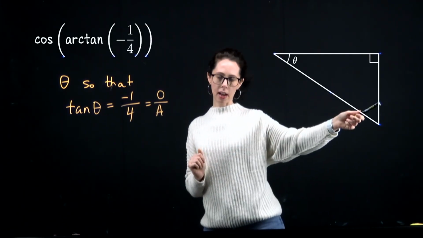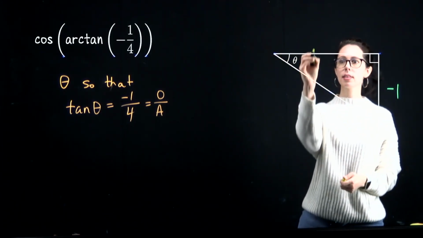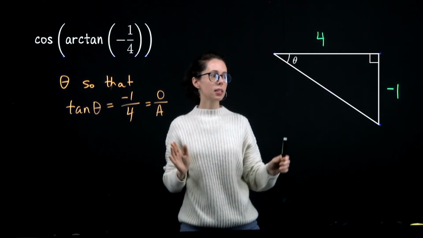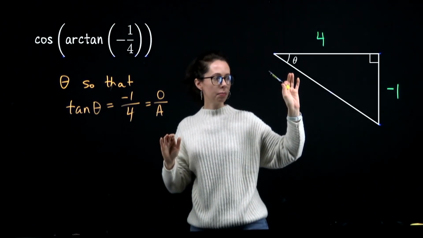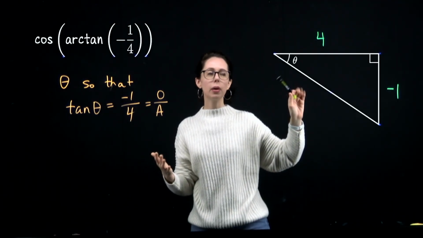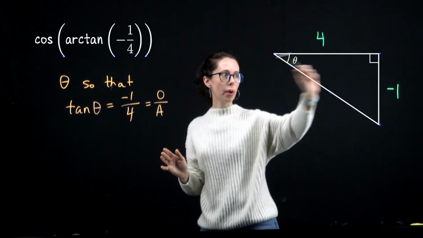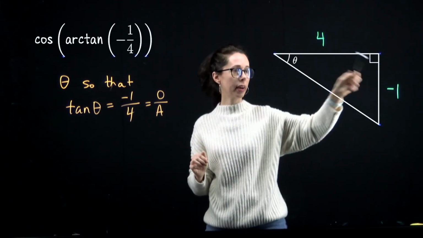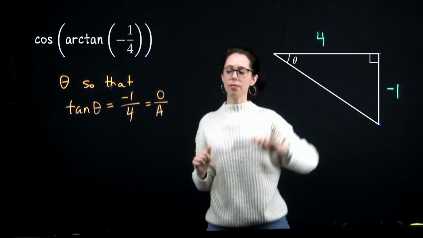The opposite side is going to be -1, and the adjacent side will be 4. And again, you want the side labeling to be positive or negative in agreement with whether the x and y coordinates down here are positive or negative. The x coordinate is on the positive x-axis. Here's the origin, so x is positive over here, and y is negative. That's why this is negative and this is positive.